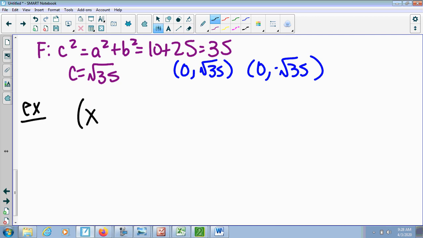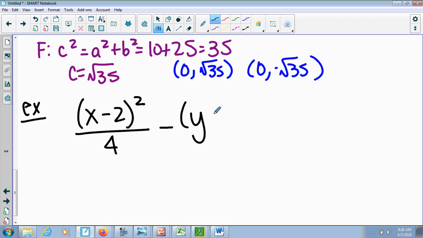Let's go x minus 2 squared over 4 minus y plus 3 squared over 16 equals 1.